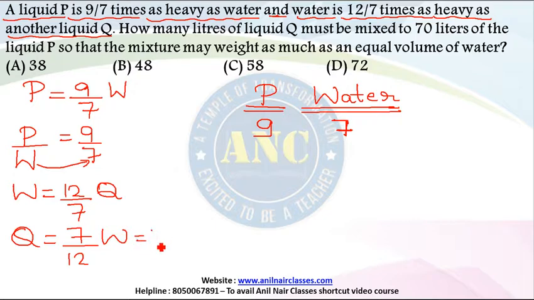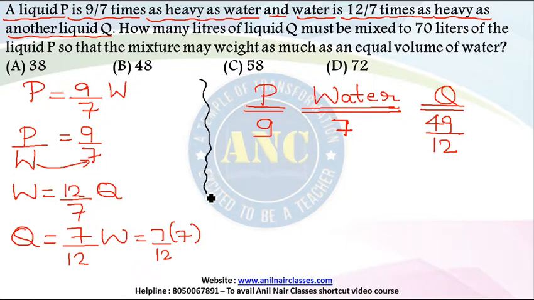Substitute. This is 7 by 12 times of 7. So Q value will be 7 into 7, 49 divided by 12. That means if liquid P contains 9 liters, then water will be 7 liters and liquid Q will be 49 by 12 liters.